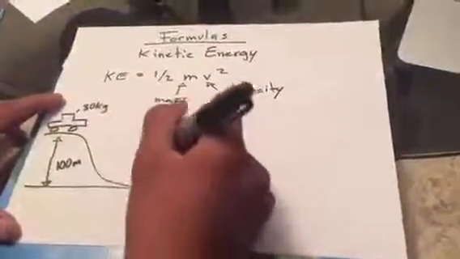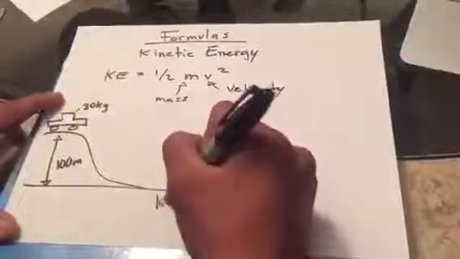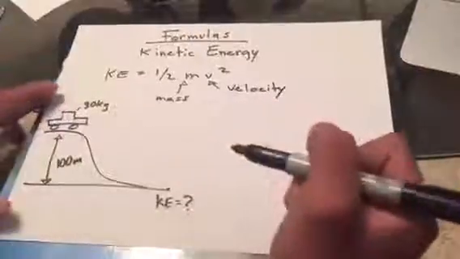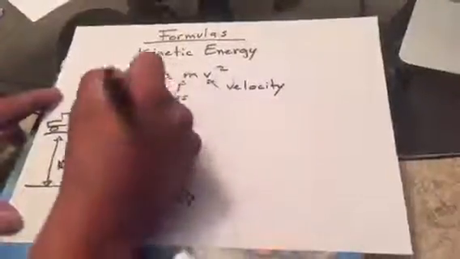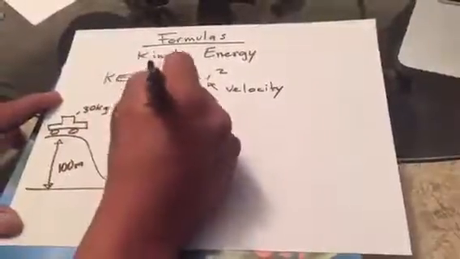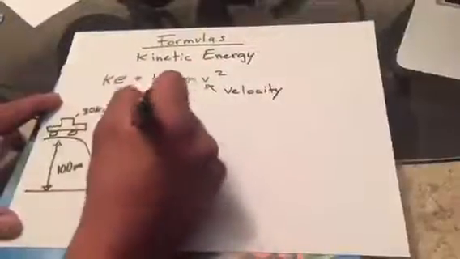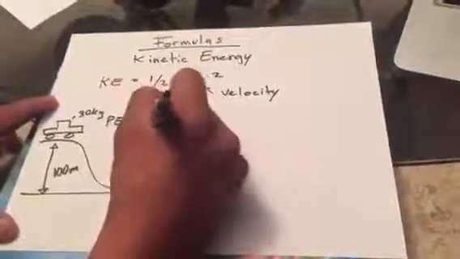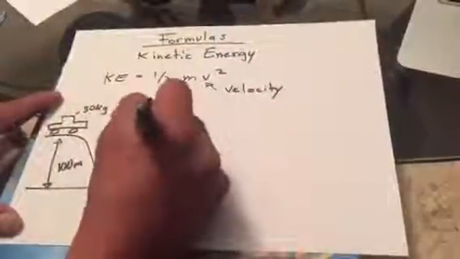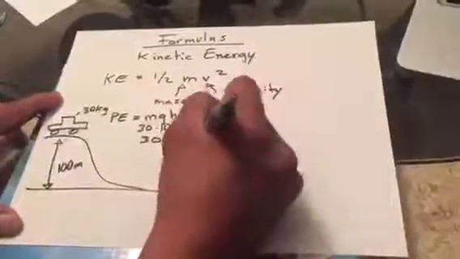And first, in order to find the kinetic energy right here, we have to find potential energy. And we know the formula for that, which is PE equals mgh. We know the mass is 30, times the gravity is 10, times 100 meters. And when we do this, we get 30,000 joules.